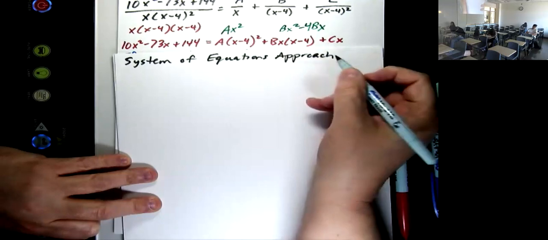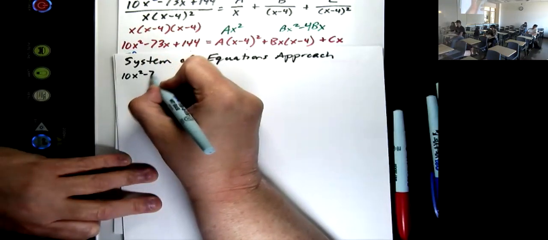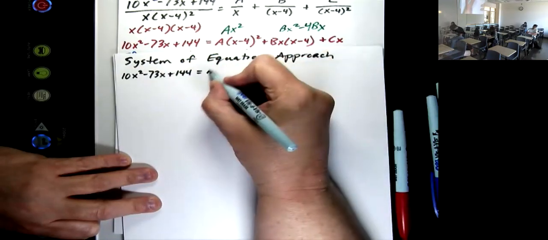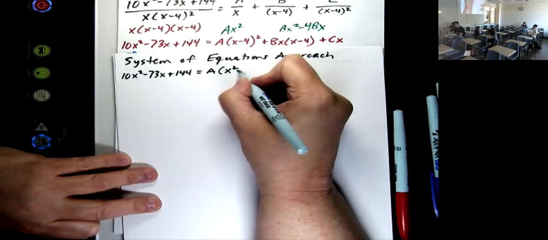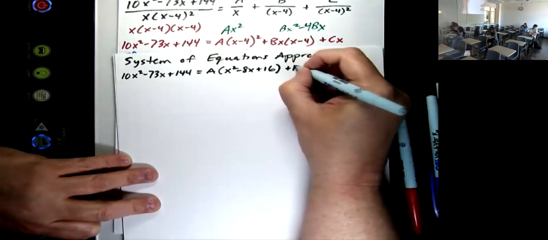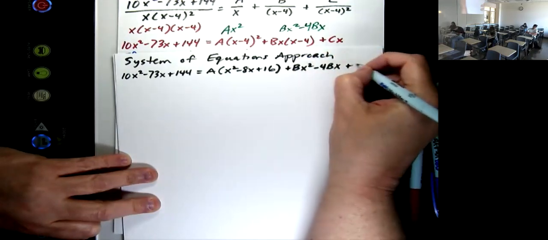We have to multiply out the right side. This is A times x squared minus 8x plus 16, plus Bx squared minus 4Bx plus Cx.